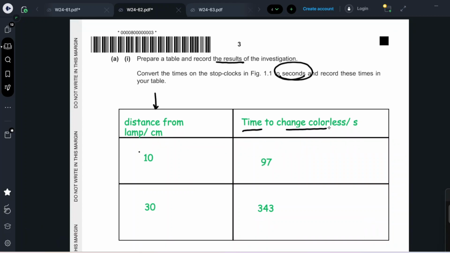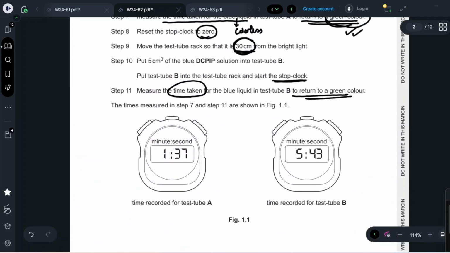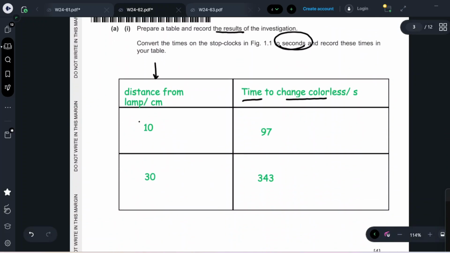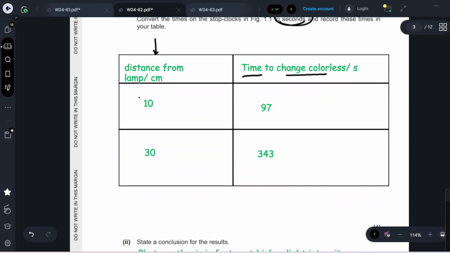I measured the time to change to colorless. And then I will convert it to seconds. 1 minute 37 seconds means 60 plus 37, and 5 times 60 plus 43. I will calculate it. This is 397 and this is 343. This is my table. 4 marks for this table.